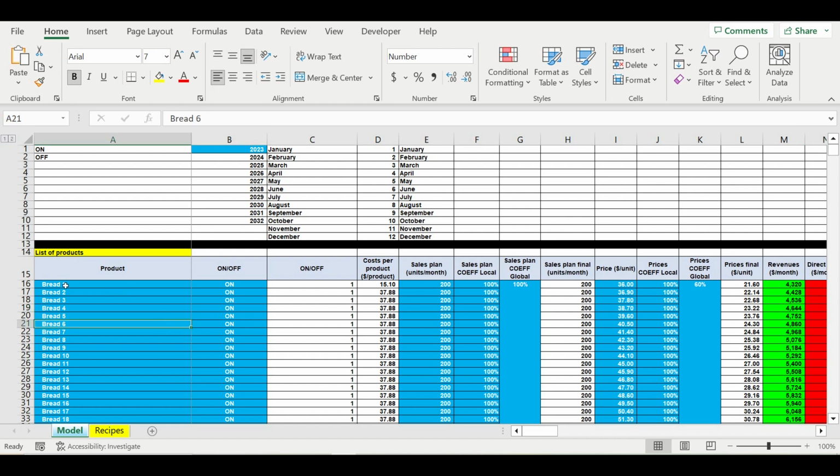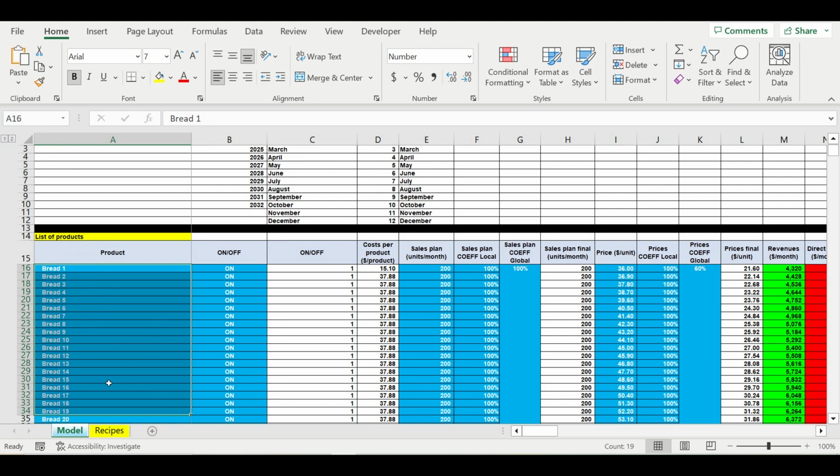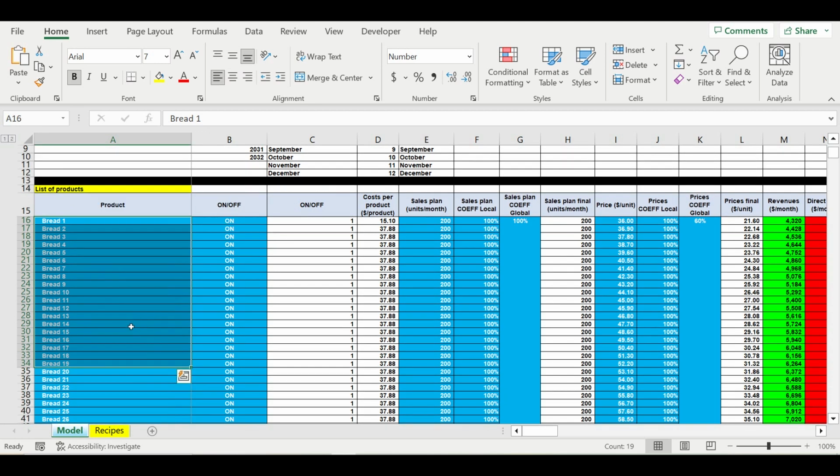First of all, we start by creating a list of products, different types of breads, cakes and so on that we are selling. We can switch them on and off from calculations to see what the cash flow statement and payback period will be with or without different types of breads. Then we set up the monthly sales plan. We have global and local coefficients for the sales plan.